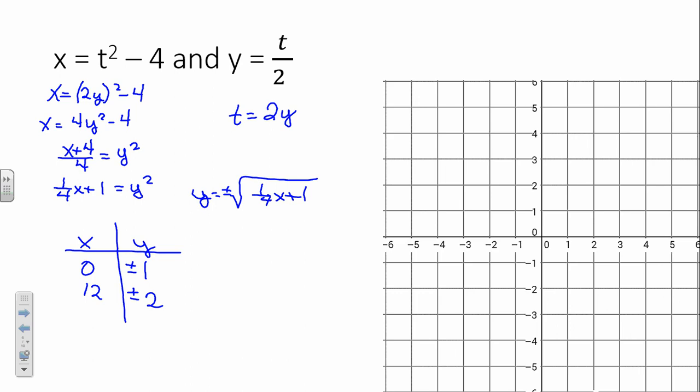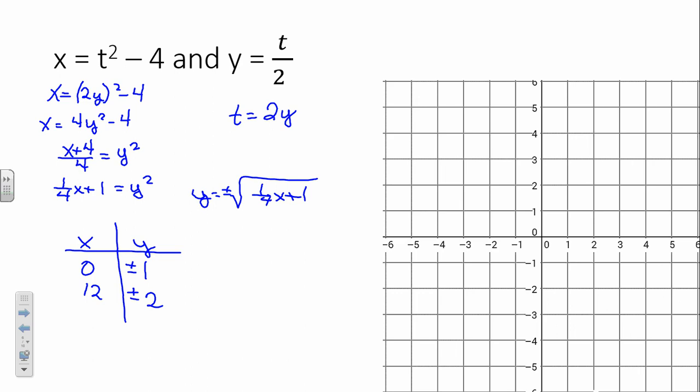What about a negative number? What would be a good negative number to put in there? Not negative 12, because we're still going to end up with way too big. We would like to get negative 16, which would get us a negative 4 plus 1, but what about negative 20?